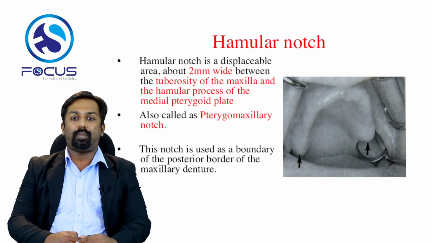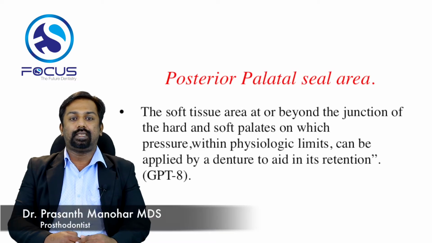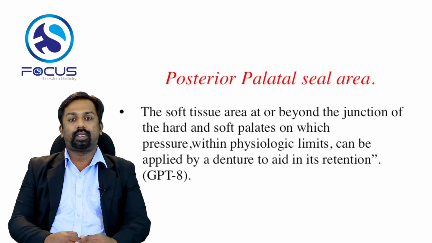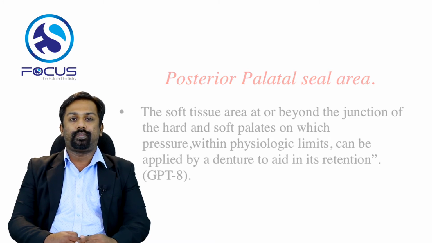The importance of Hamular notch is that this region provides the pterygomaxillary seal since it can be compressed. Now coming to postpalatal seal area. It is the soft tissue area at or beyond the junction of hard and soft palate on which pressure within physiological limit can be applied by the denture to aid in its retention.